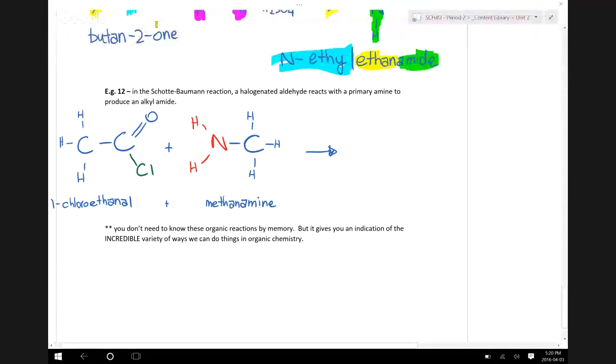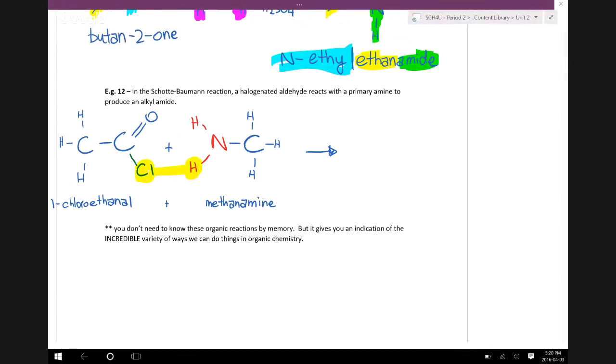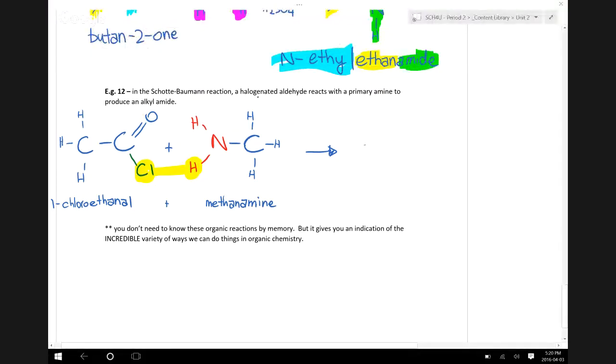In case you can't, this chlorine and this hydrogen will react. And in so doing, we'll get that ethanal. So the group there with the double bond to oxygen. But now it will bond to a nitrogen, which will be bound to 1 hydrogen. And then that will be bound itself to a carbon.